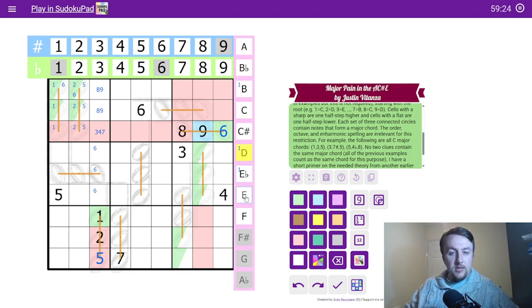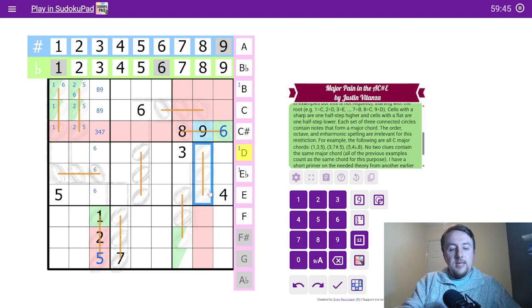E major requires the note E, which is either a natural 3 or a flat 4, not possible. And F major requires the note F, which is either a sharp 3 or a natural 4, not possible. So this is D major.